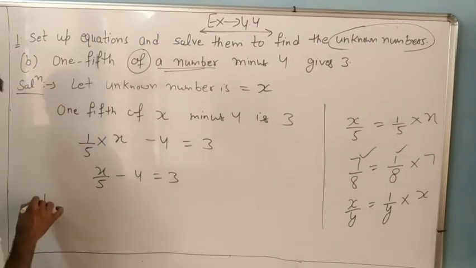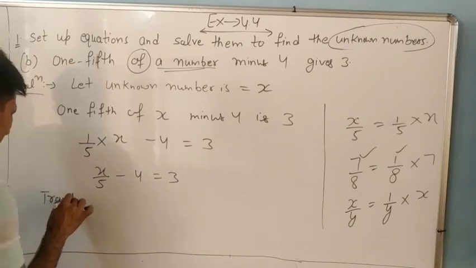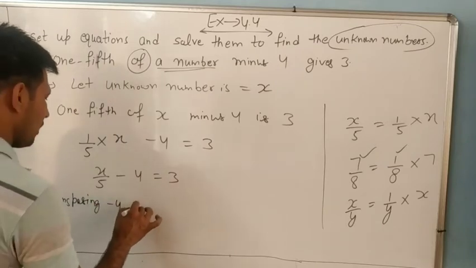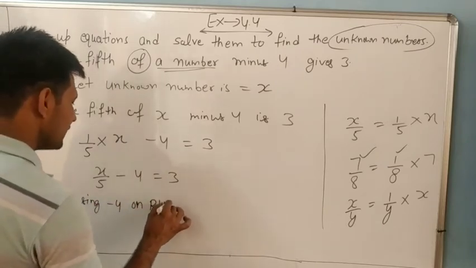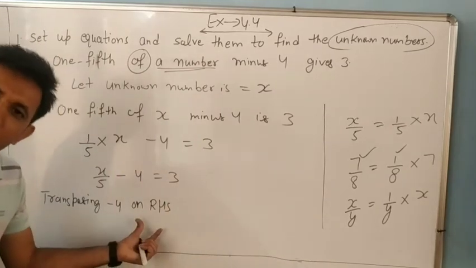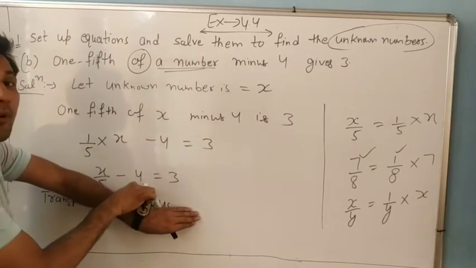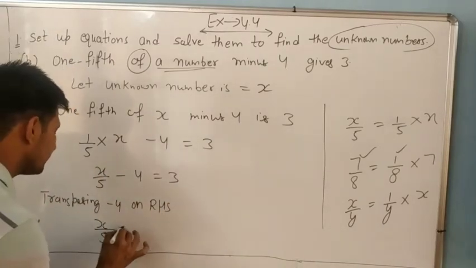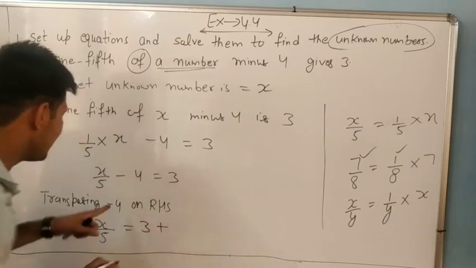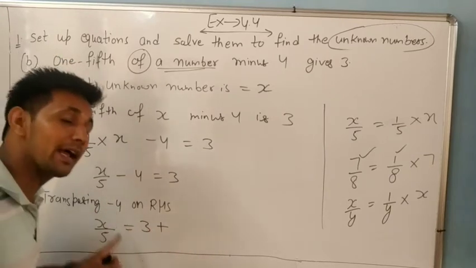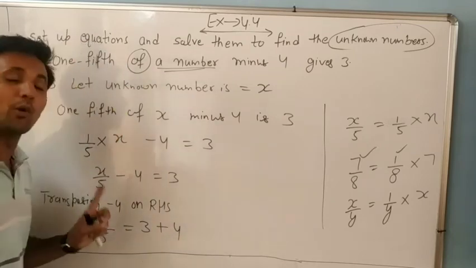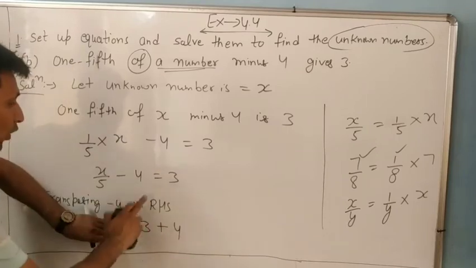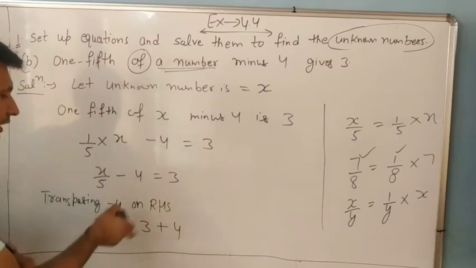So you can write transposing minus 4 on the right hand side, or you can write adding 4 on both sides. x by 5 equals 3. And when we transpose, negative becomes positive, positive becomes negative. Otherwise you can write adding 4 on both sides. So minus 4 plus 4 is 0.